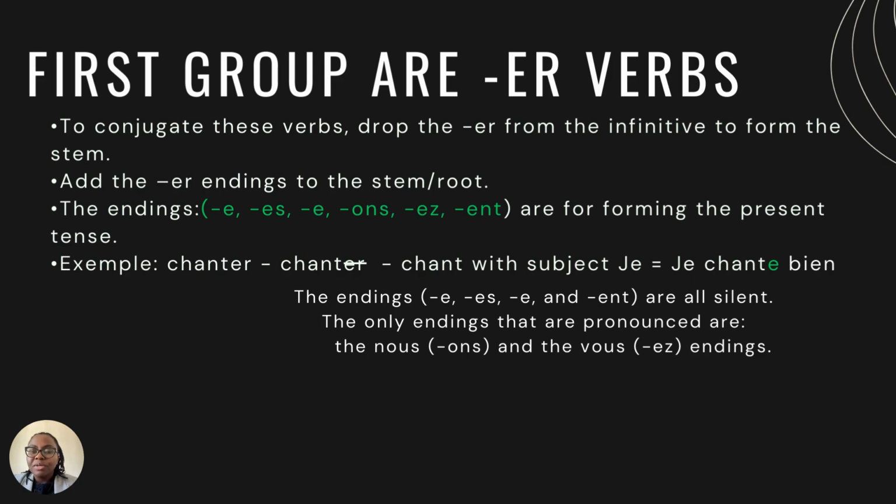And you sing would be vous chantez. But for je, it will be je chante. For tu, tu chantes. For il, elle, on, il chante, elle chante, on chante. And also the third person plural, ils and elles, it will be ils chantent, elles chantent. We're saying the e, the es, and the ent are silent. Only the conjugations on nous and vous are pronounced.